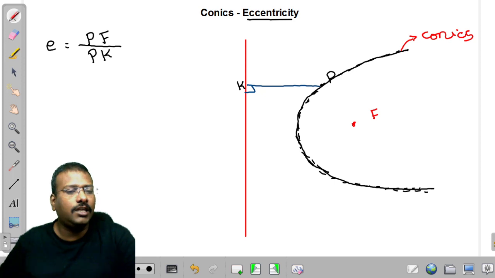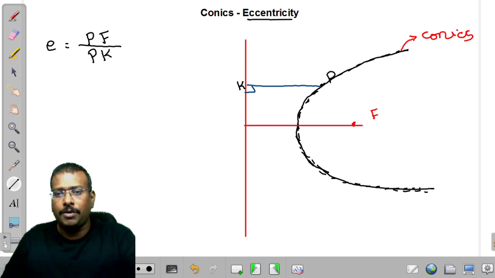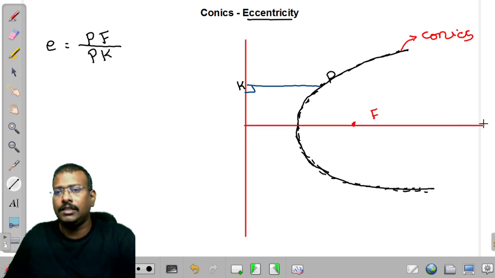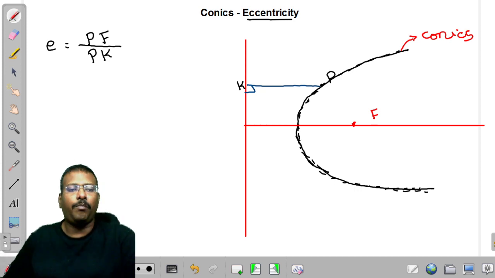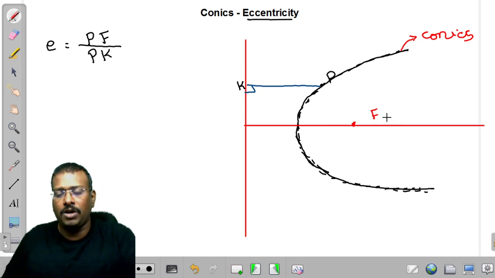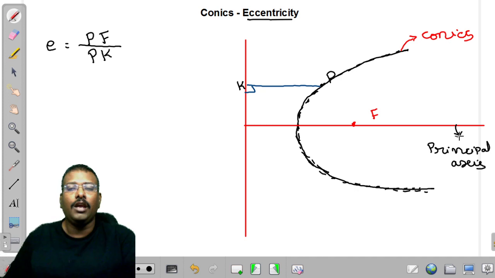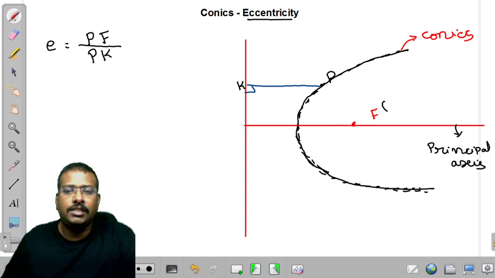Good. What are the other terminologies we will come across? Another one is the line which is perpendicular to the directrix and passing through the focus, which is called an axis, but it is considered the principal axis. What is this fixed point termed as?